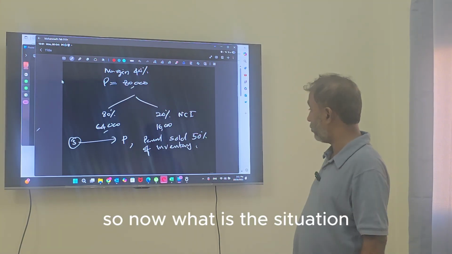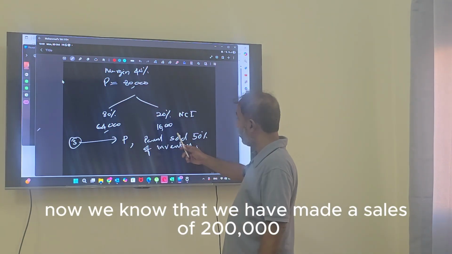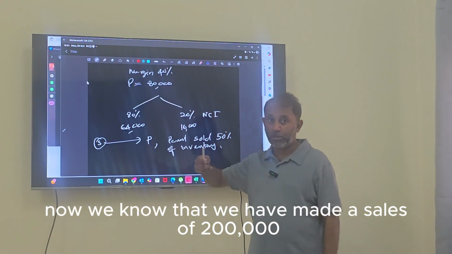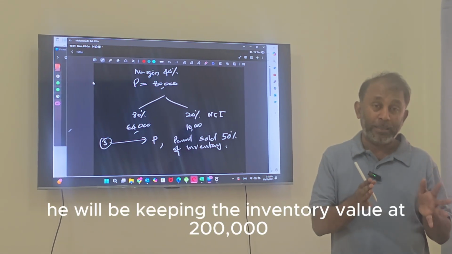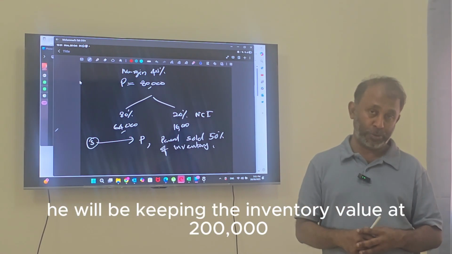So now what is the situation? We know that we have made a sale of 200,000. So in the parent's books, the inventory value is 200,000.